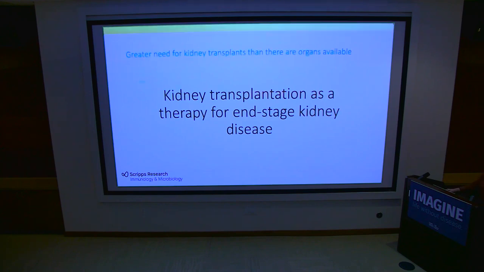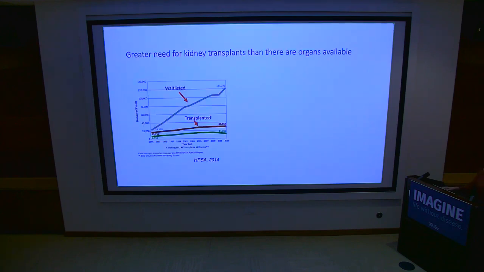So because of this, there are a lot of people on the United Network for Organ Sharing waitlist for transplant, as indicated in the gray line. In 2013, there were 120,000 people waitlisted for transplant, yet only about 30,000 transplants performed in the United States. And that's because there are not enough donors available for transplant.